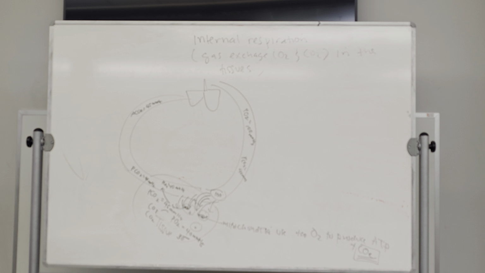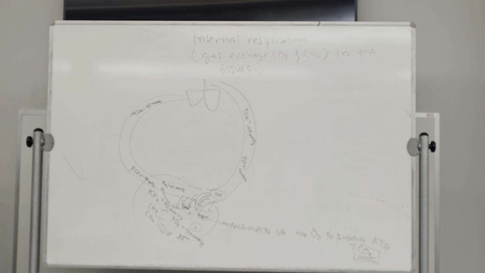What are the active cells mostly? Our cardiac muscle, they are very active, they never stop. Our brain, they never stop. So 20% of our oxygen actually will be delivered to the brain. How about skeletal muscle? Which one is going to get more oxygen? It depends on our activity.